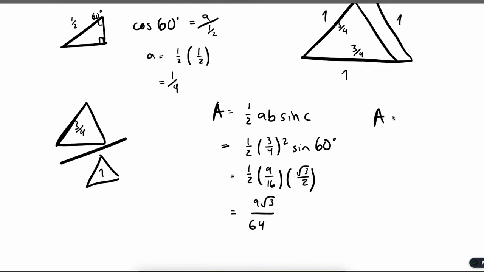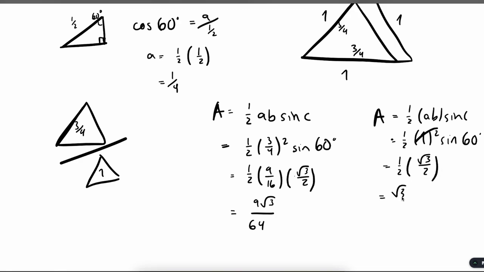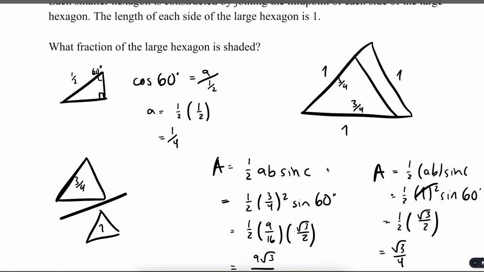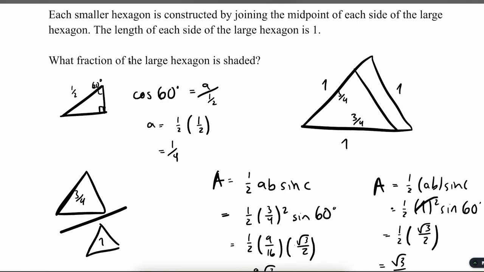And then the area of the large triangle is going to be half AB sine C again, which is 1/2 times 1 squared times sine 60 degrees. 1 squared is just 1, so it's going to be 1/2 times √3/2, which is √3/4.